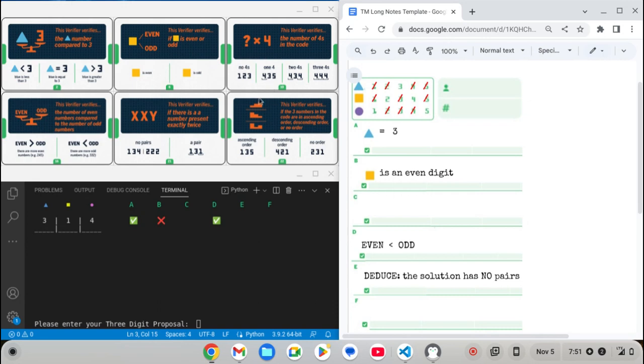And also we have criteria card F, that'll identify the ordering of our digits. And remember that we do have that deduction in criteria card E, so we should be looking at 1 or 5.